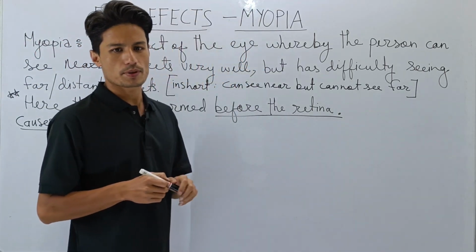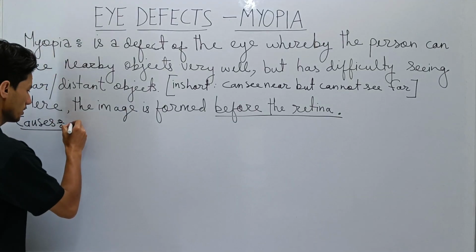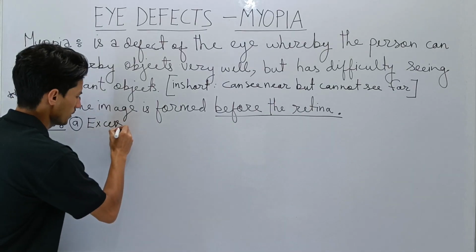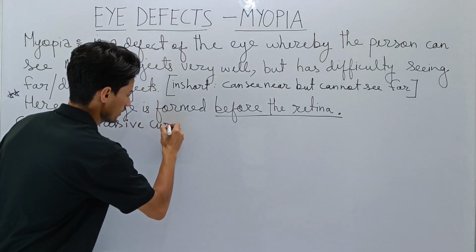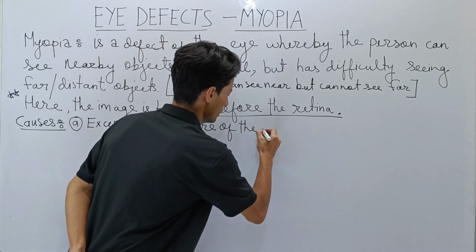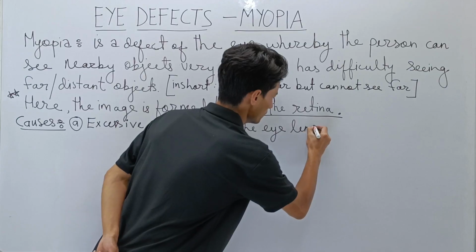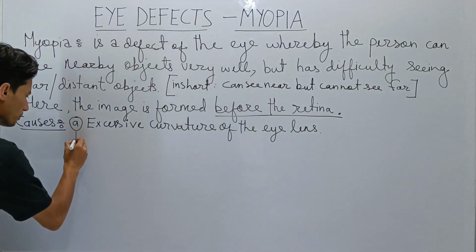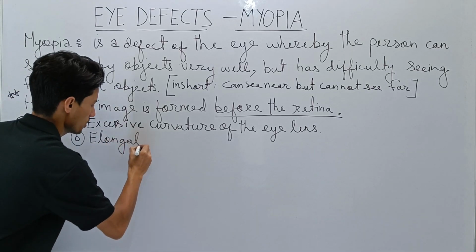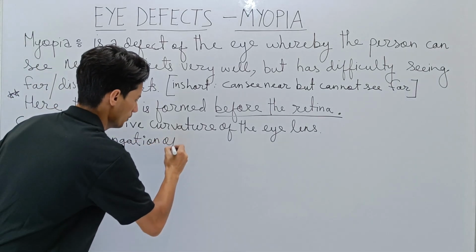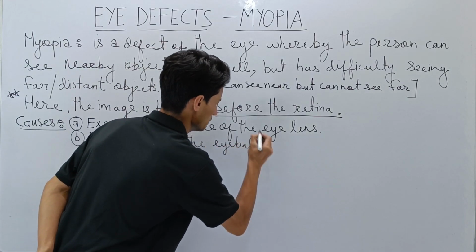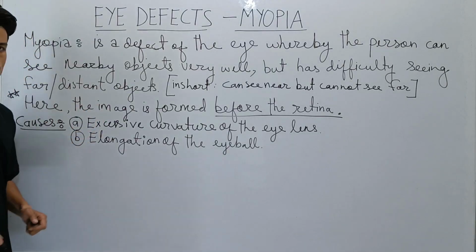So the causes of myopia are excessive curvature of the eye lens, point number 1, and point number 2 will be elongation of the eyeball. I'll explain both the points in detail.